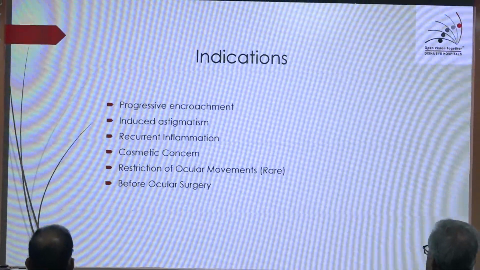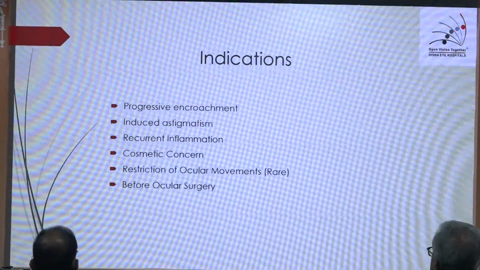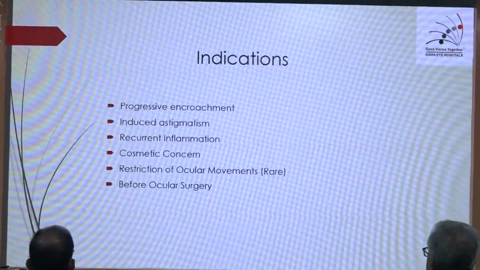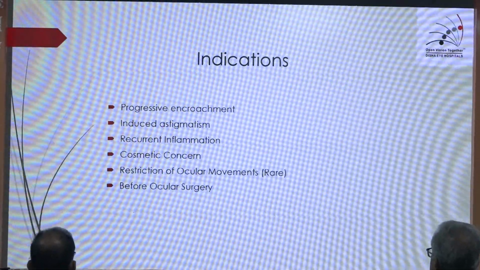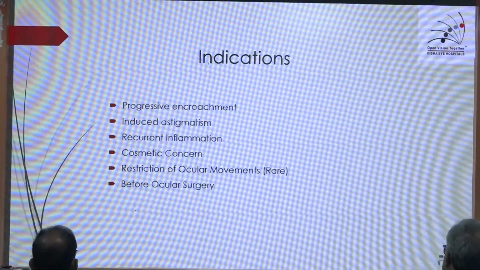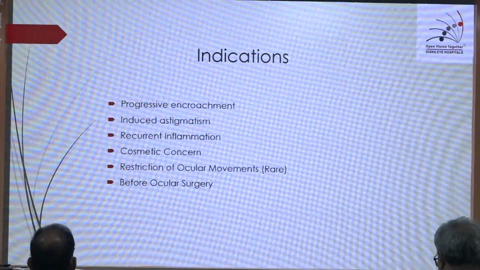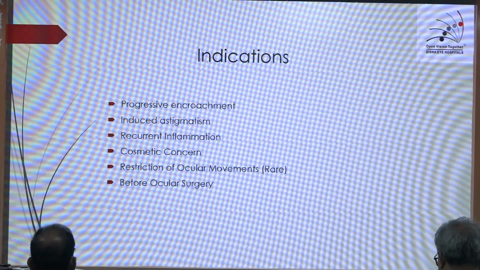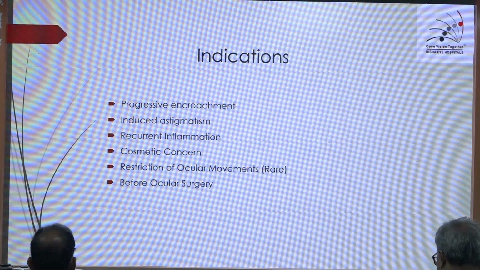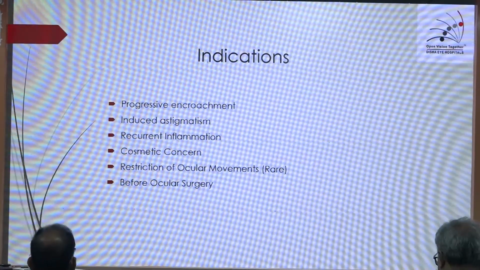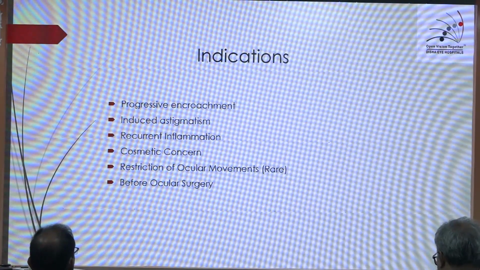Early surgical intervention may reduce permanent corneal distortion, and repeated episodes of inflammation indicate active disease. Chronic inflammation increases patient discomfort and may accelerate progression. In such cases, surgery helps both in symptom relief and in preventing further corneal involvement.